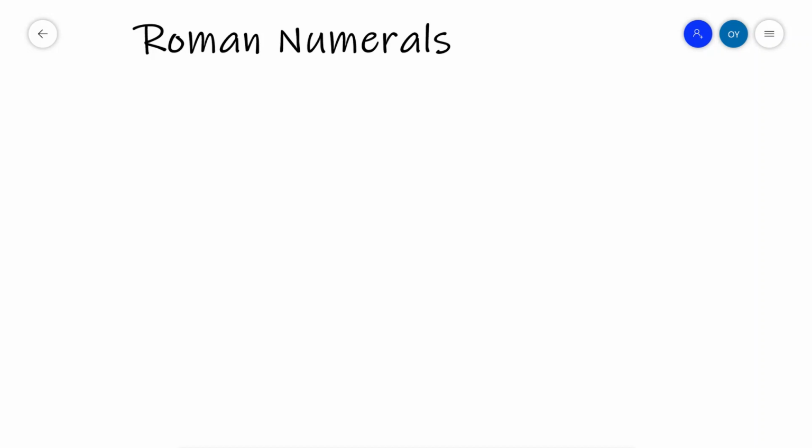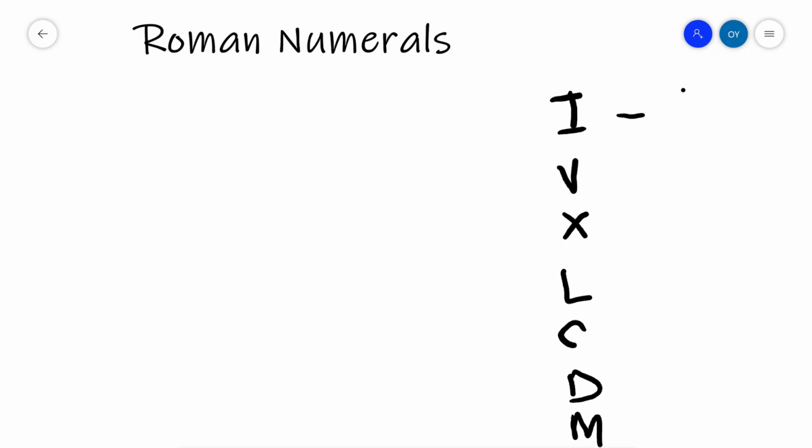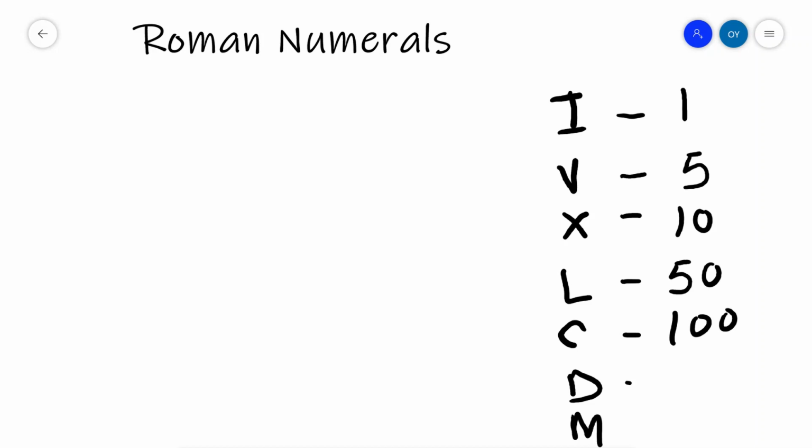The 7 letters are I, V, X, L, C, D, and M, where I stands for 1, V is for 5, X represents 10, L 50, C 100, D 500, and M 1000.